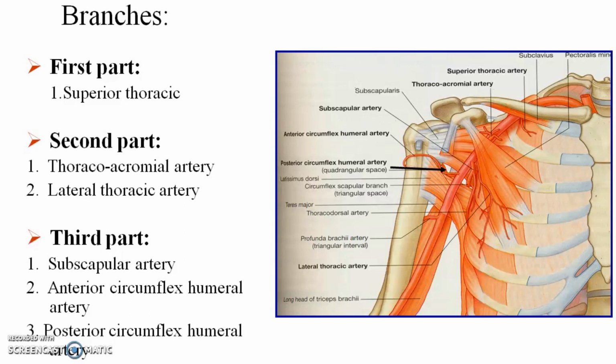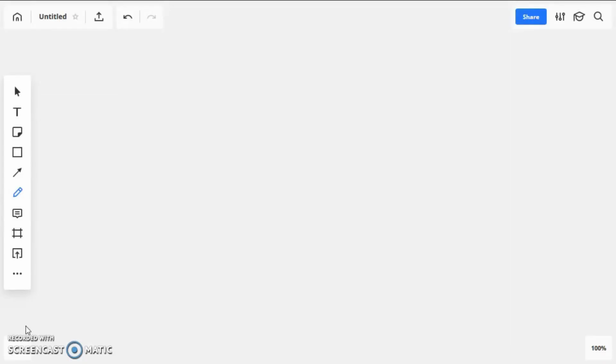So for easy remembrance, I will show you a very simple diagram which is used by you people for exam purposes. Talking about the axillary artery, its origin and extent, we can make a simple picture for easy understanding.